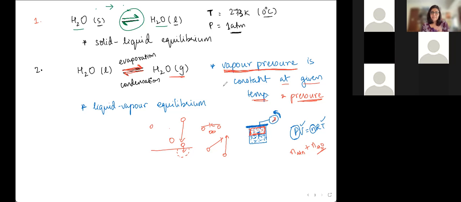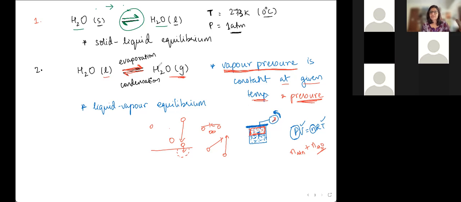When evaporation takes place, the vapor pressure keeps increasing, and once it has reached saturation, maximum humidity for that particular temperature and pressure, then condensation starts kicking in until both are in equilibrium. So this is the kind of equilibrium established between liquid and gaseous state.